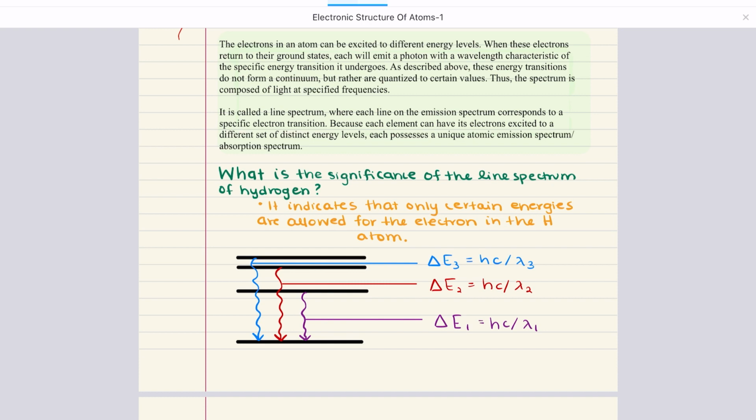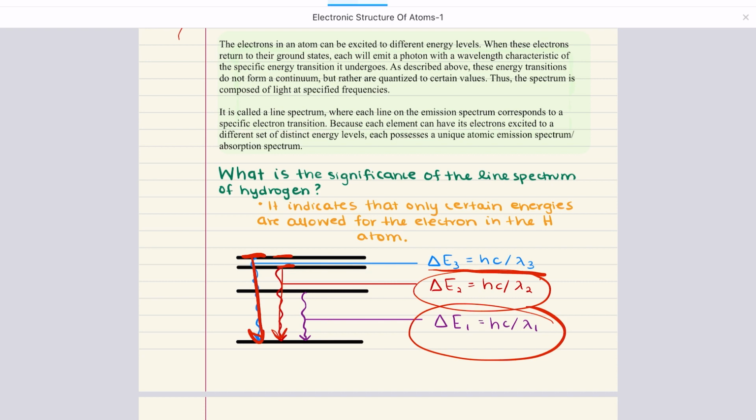So for example, a given change in energy from a high level to a low level is going to give a wavelength of light that can be calculated by Planck's equation. And so any movement from a higher level to a lower level is going to emit different frequencies and different energies of light.